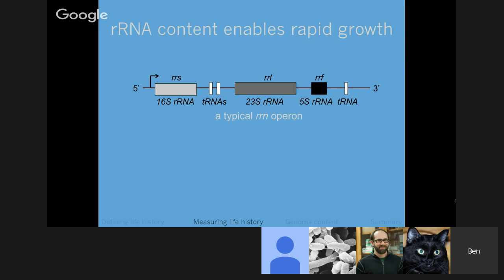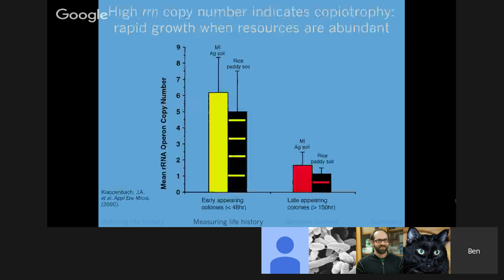So some of the original work looking at ribosomal RNA operon content in bacterial genomes was done by Tom Schmidt's lab, where I did my PhD in the late 90s and early 2000s. And they demonstrated that the ribosomal RNA gene content of a bacterium's genome is predictive of how rapidly those organisms are going to respond when resources become abundant.